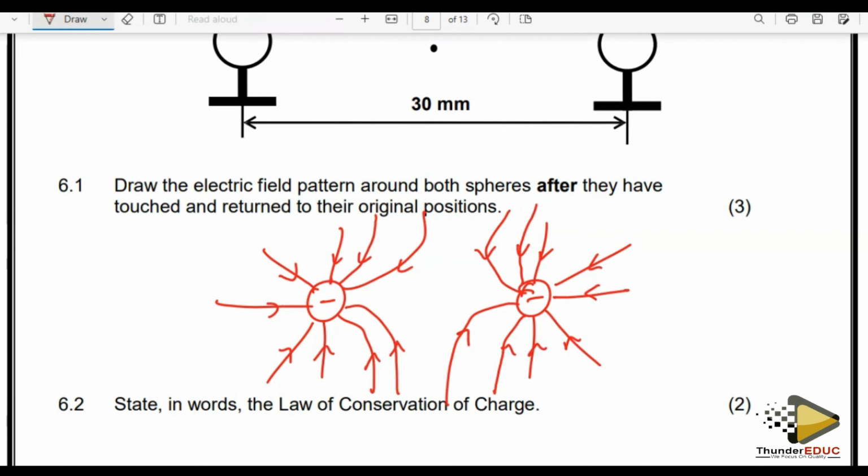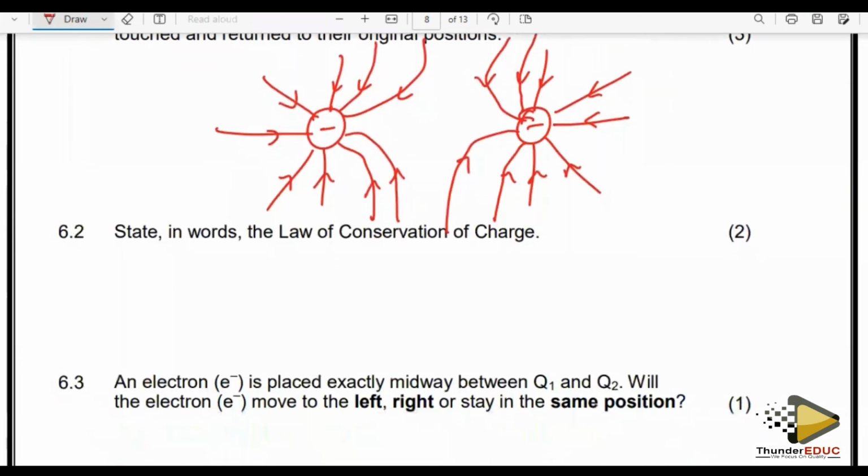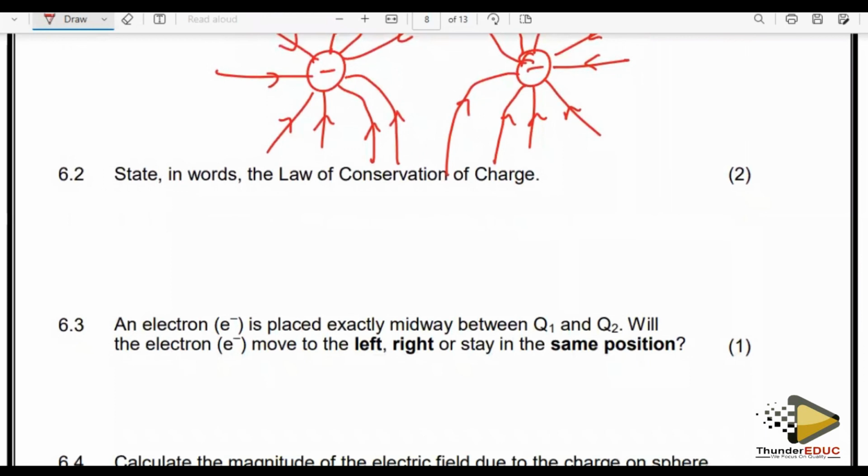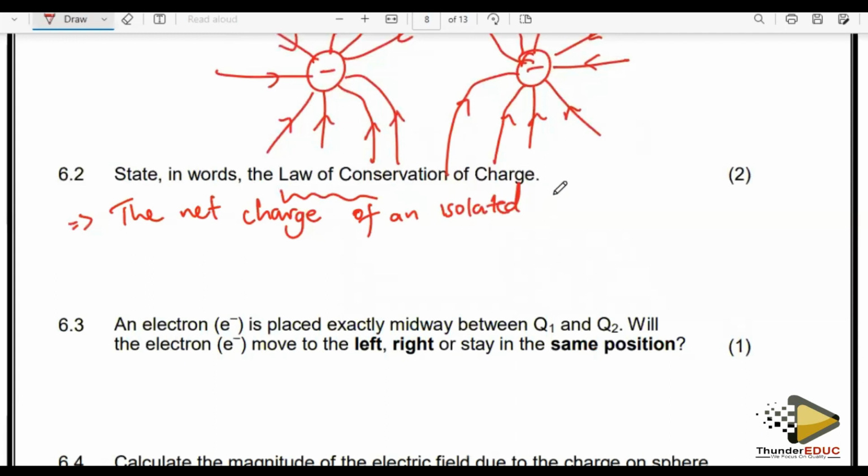Okay, that is that. And then 6.2, they're telling us to state the law of conservation of charge. So there are quite a number of ways you can tell us. The net charge of an isolated system is constant.